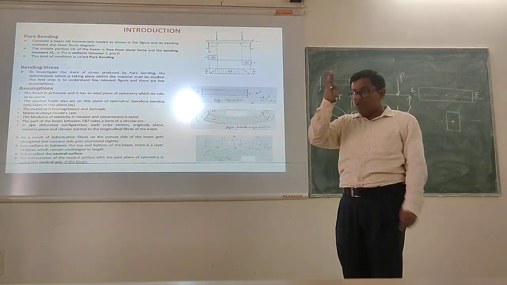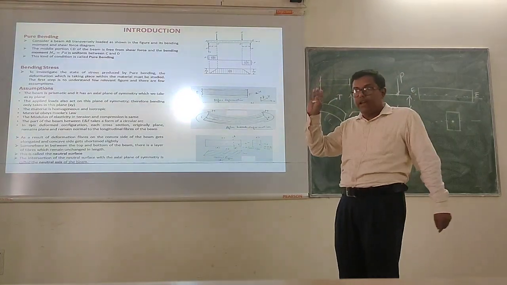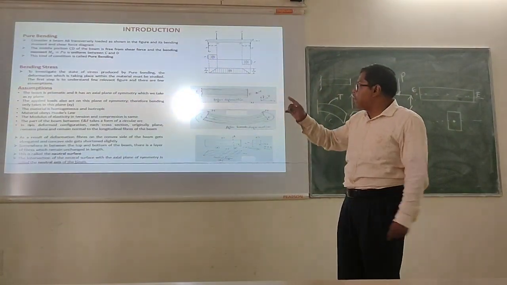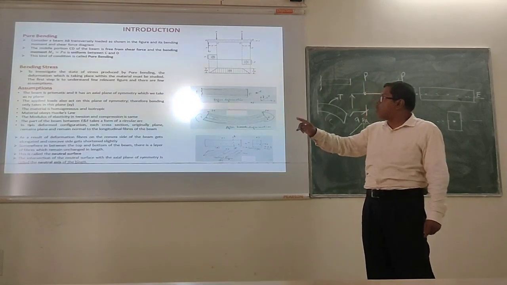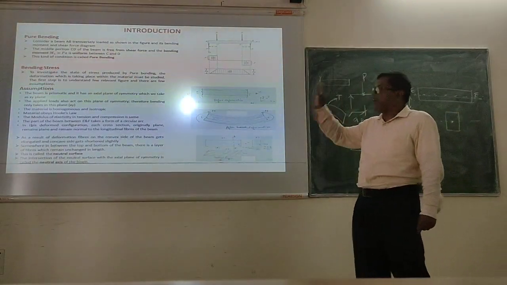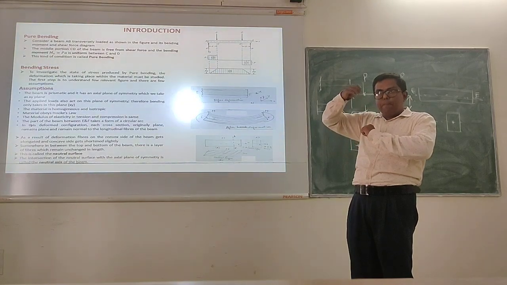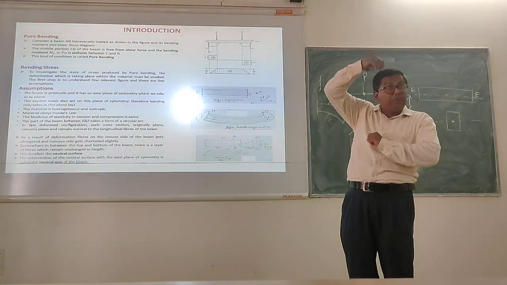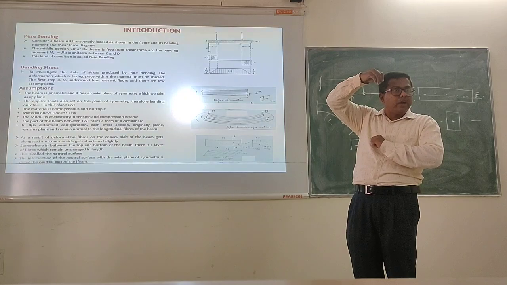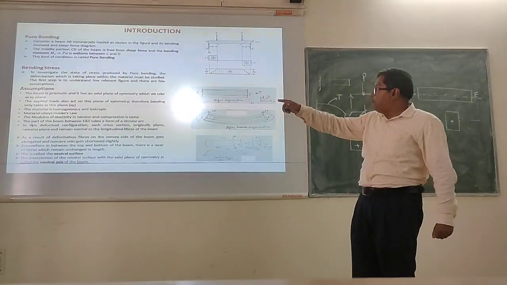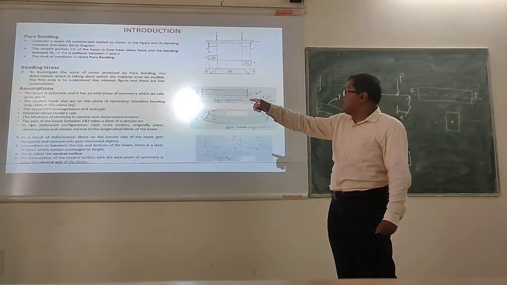Okay? Cross-sectional area is not changing, right? So prismatic. The applied loads also act on this plane of symmetry. So there is a plane of symmetry, and the applied load is acting on that plane of symmetry. Okay? Therefore, bending only takes place in this plane.